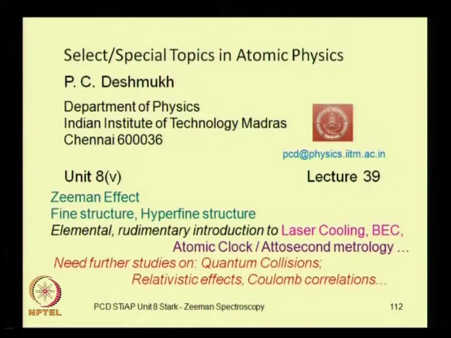Essentially, we will discover that we need additional tools to study these topics in detail, because we will need further base in quantum collision physics and also in relativistic effects and in studying electron correlations and so on. So that really becomes the subject of a whole additional course.